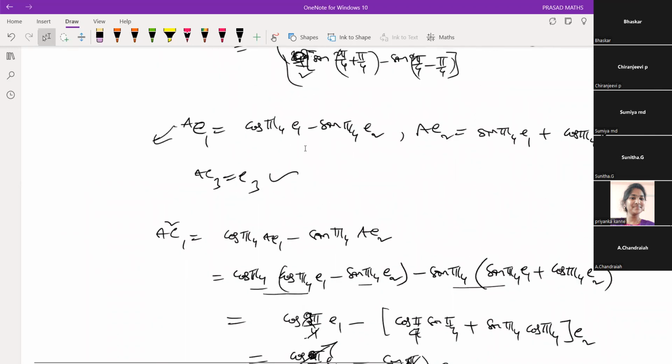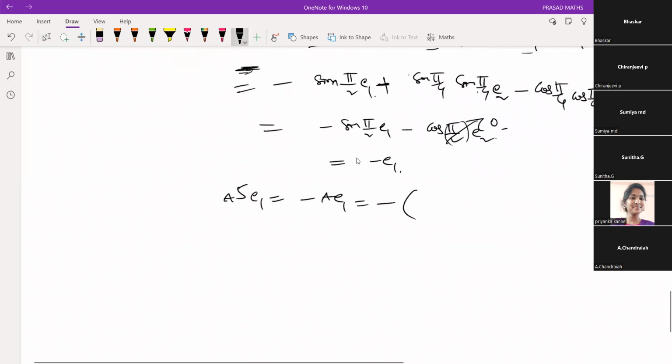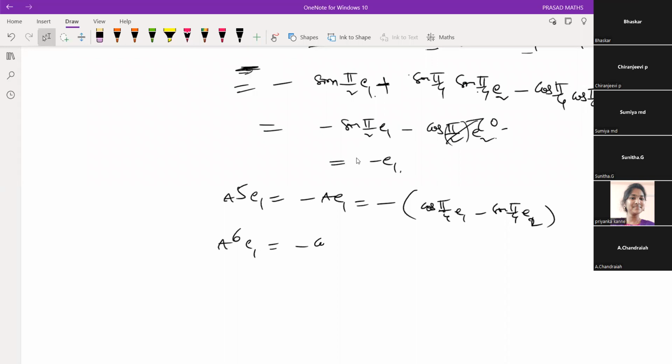To go up and come back down is a technical problem. Cos pi by 4 e1 minus sin pi by 4 e2. Cos pi by 4 e1 minus sin pi by 4 e2, sorry. Next, a power 6. If we don't get e1 here, this is not a suitable answer. That's what the argument is. a1 plus sin pi by 4 a2 cos pi by 4.